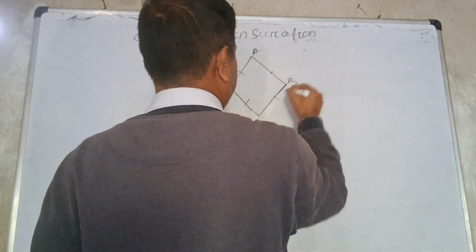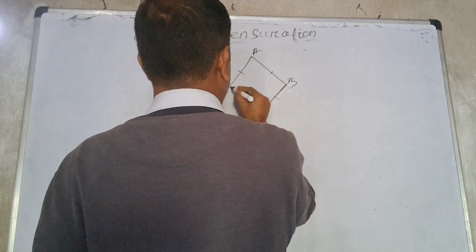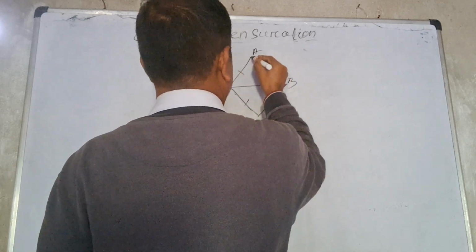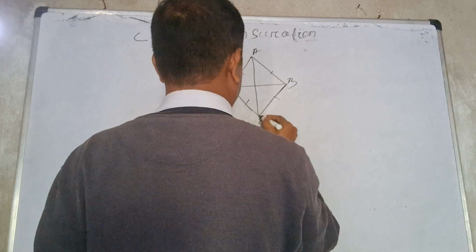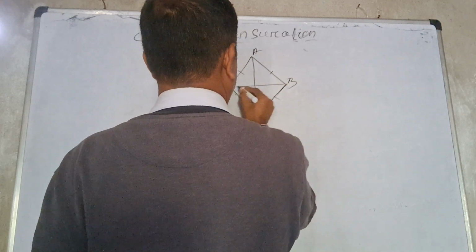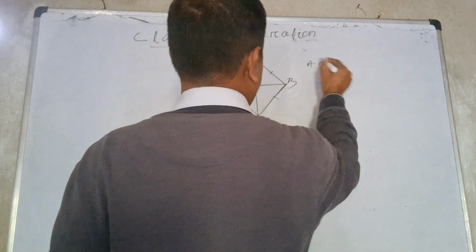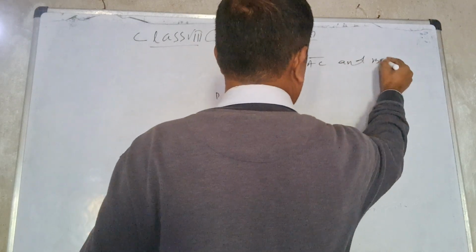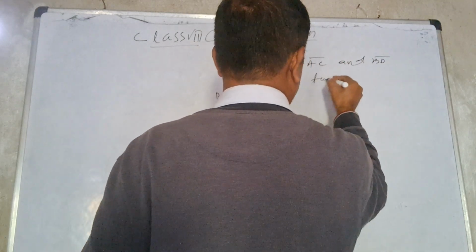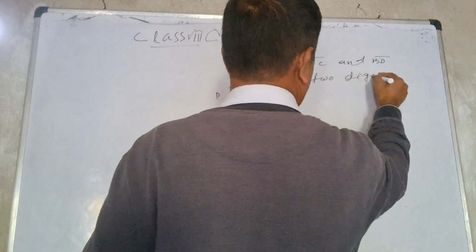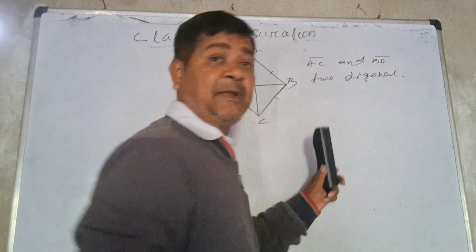Let it be ABCD. It is your diagonal 1, BD, and diagonal 2, AC. AC and BD, two diagonals. Listen to me carefully.